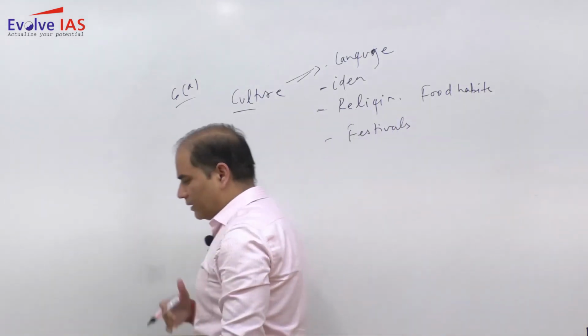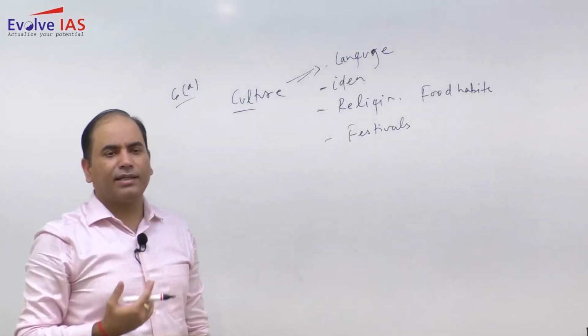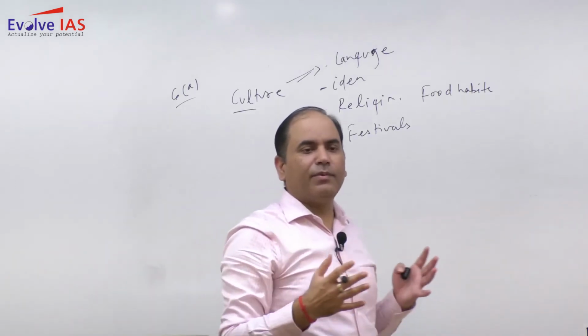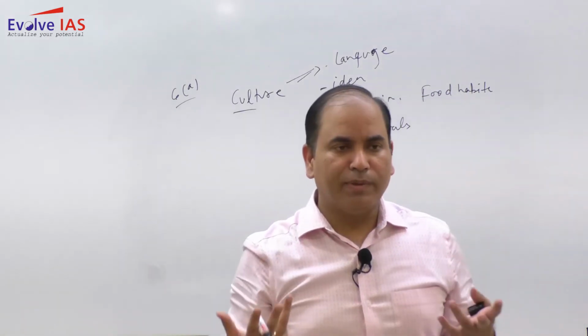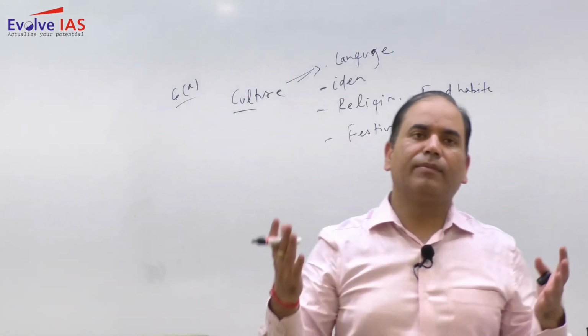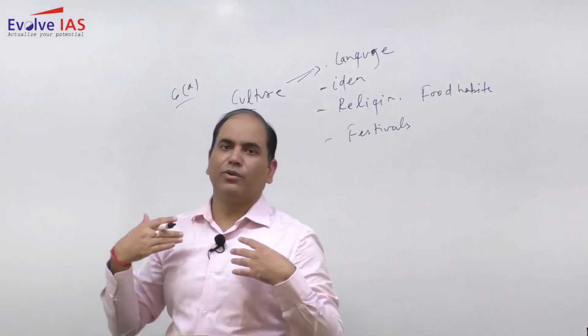So there are multiple things about culture, and culture is not fixed. Why is culture not fixed? Because people keep on moving from one place to another. There will be movement of people, movement of ideas. There will be some new political system that will come out. New rulers will come out.